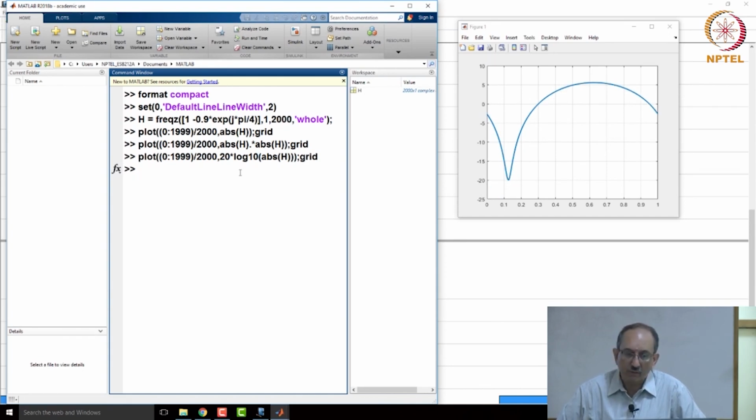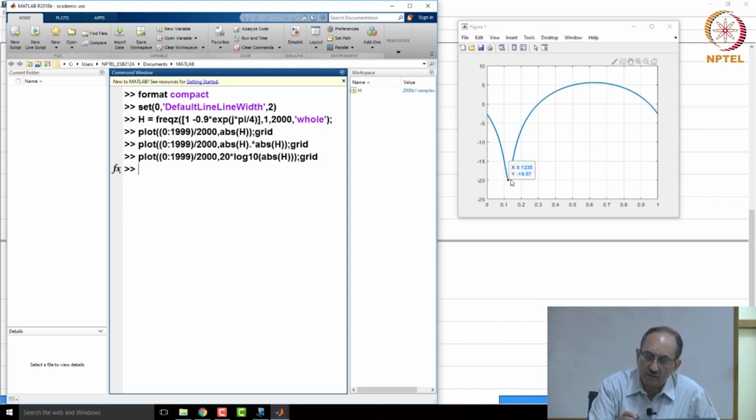And here you see a plot that is similar to what I had sketched roughly based on the geometric interpretation. So the actual response is this, and you can see here that the valley is sharp, the peak is broad, and we are making these descriptions based on the log magnitude response.